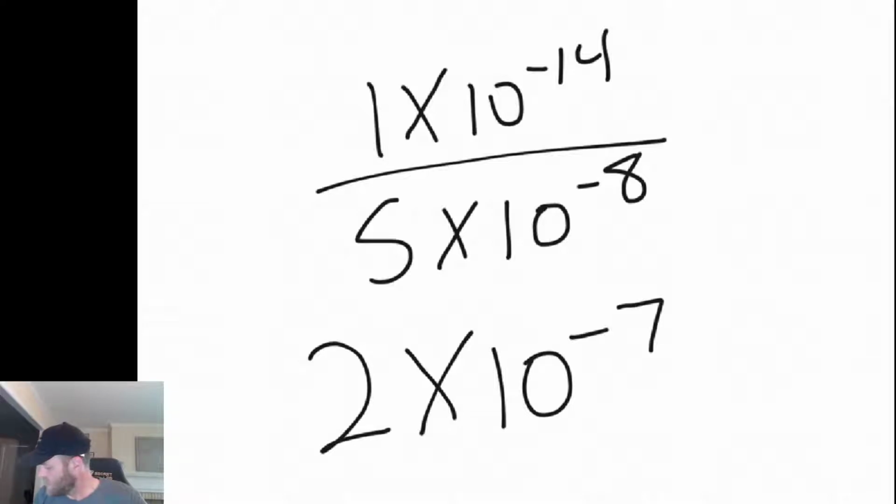And then we said our answer was 2 times 10 to the negative 7. And then let me close that parentheses. Okay. So the pH of that would be 6.69, roughly about 6.70 pH. So slightly acidic.